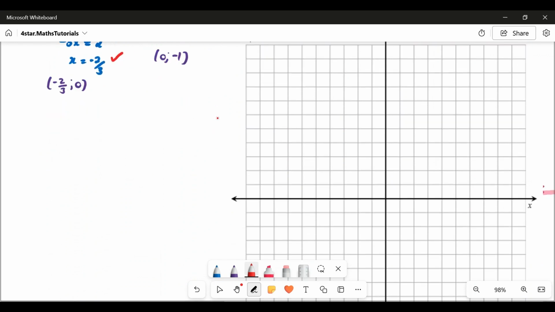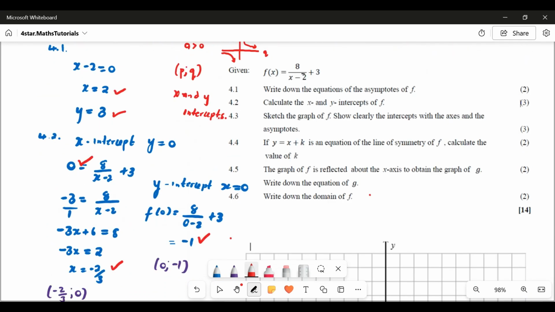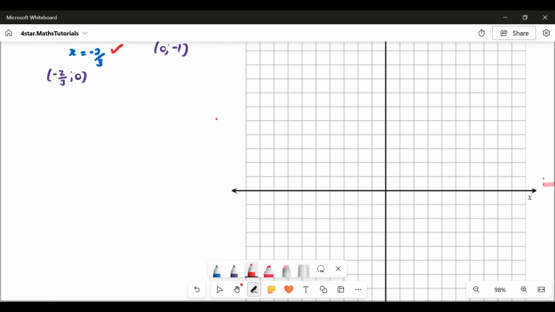So let's start with the x asymptote. The x asymptote is 2, the y asymptote is 3. So x asymptote 1, 2. This is 1, this is 2. So this is our x asymptote. So here the graph is not going to be defined. Then the y asymptote is 1, 2, 3.